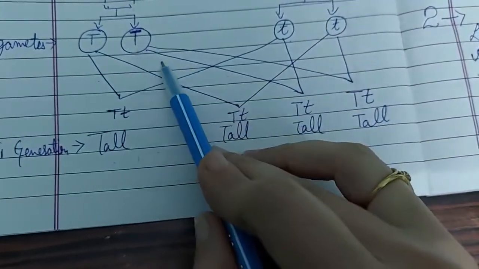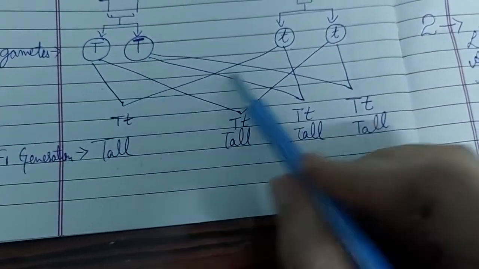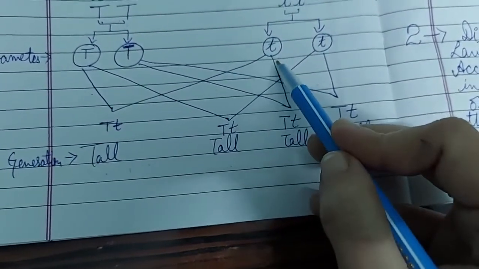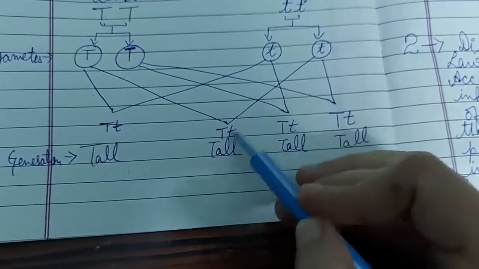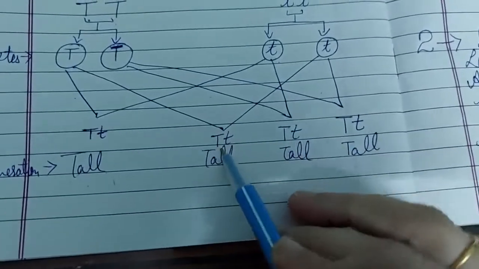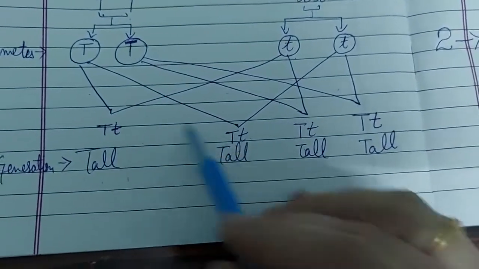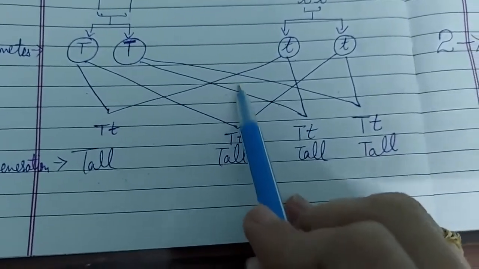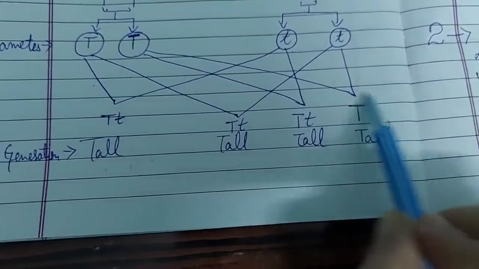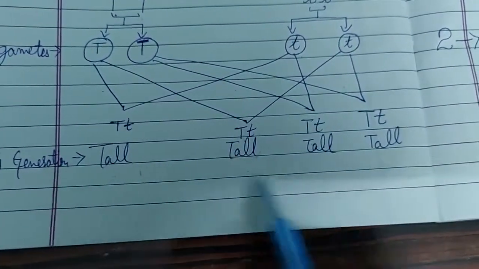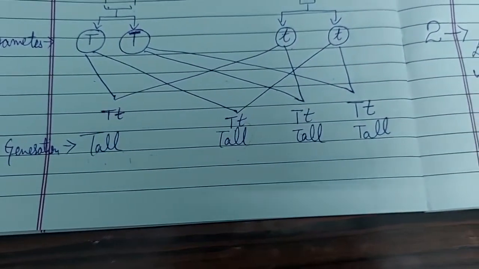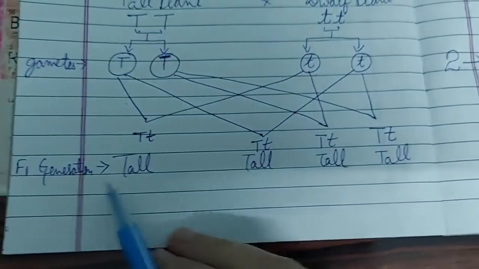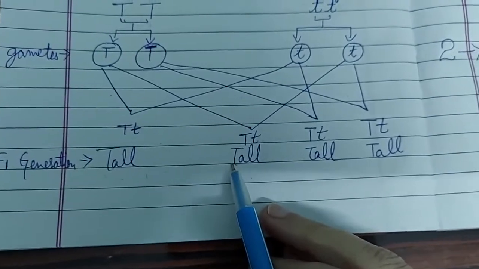The second gamete of father will join with the small t or one gene of mother and this will also give the same result because the gametes are the same. There is no difference in genes. So all the 4 results will be of the same phenotypic and genotypic ratio. This is our F1 generation.